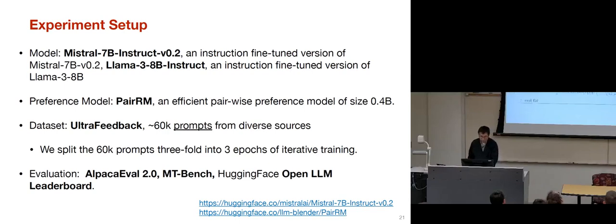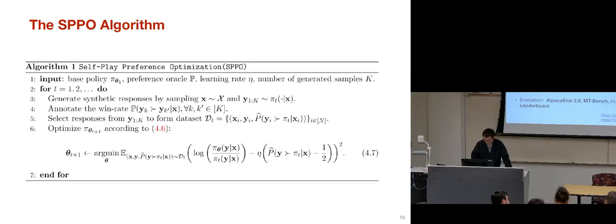Overfitting to this reward function? No, because this reward function is actually a very weak reward function. There's a reward benchmark, and this reward function is not ranked very high. Actually, I think it's ranked outside of the top 10 reward functions. The reason we choose this reward function is because in our algorithm, we need to annotate the pairwise comparison.